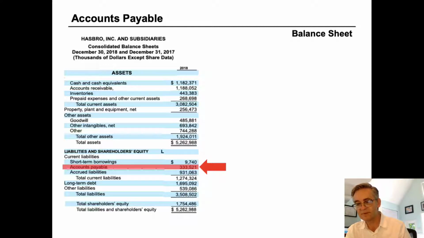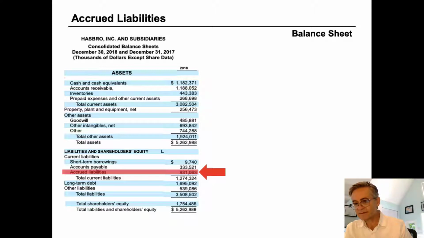Just like it's common for Hasbro to extend trade terms to their customers, the same thing happens in reverse. Instead of paying cash immediately when Hasbro receives goods from their vendors, they're typically allowed 30, 60, or 90 days or some other period to pay for the services and goods they receive. And in the meantime, the amount that they owe is recorded here as an accounts payable.